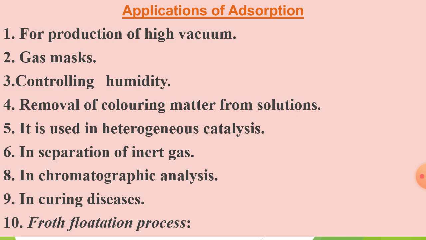So this chromatographic analysis is also based on adsorption and finds a number of applications in the analytical and industrial field. This chromatographic analysis is used when the boiling point difference is very small. In that condition, we can use chromatographic analysis.